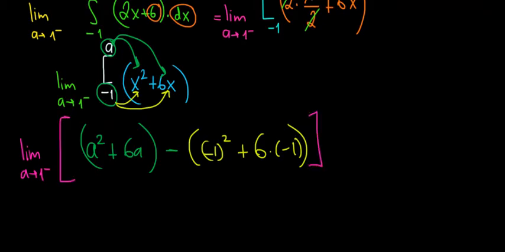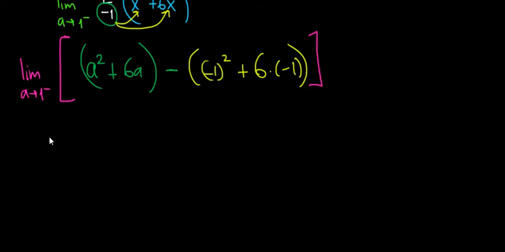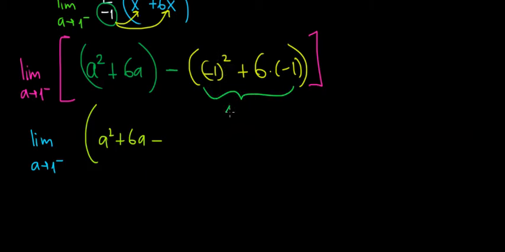Now, what do we get as a result? We will have the limit of a approaching 1 from the negative side, and in brackets we're left with a squared plus 6a minus, and what do we have over here? We have -1 to the power of 2, that's just 1. 6 times -1 is -6, so that's equal to -5.